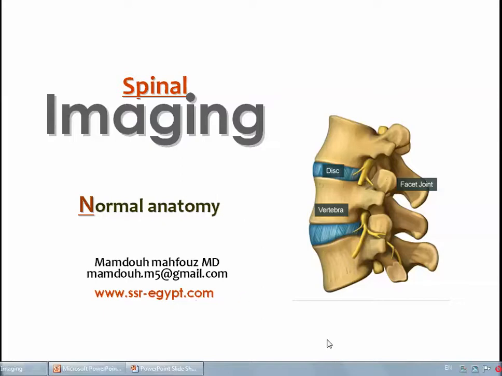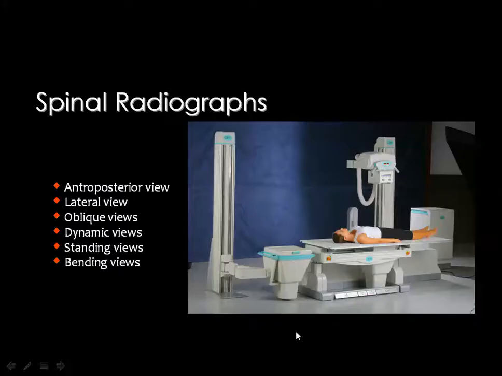Then now we'll start the imaging of the spine by the normal anatomy.